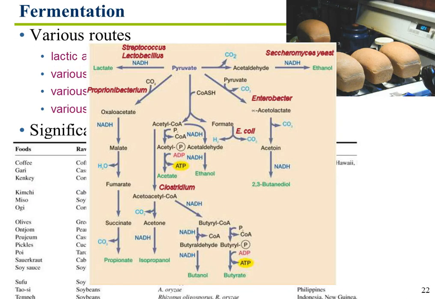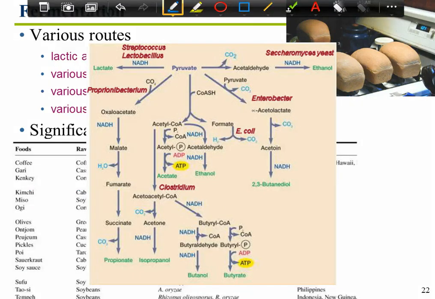All right, so here's a look at some different kinds of routes of fermentation and organisms that do it. I mentioned lactic acid fermentation. So here is our pyruvic acid. Go to the left, you see lactic acid. Again, yogurt, cheeses, streptococcus, and lactobacillus do that. On the other hand, yeast, like Saccharomyces, go the alcohol fermentation, making ethanol.